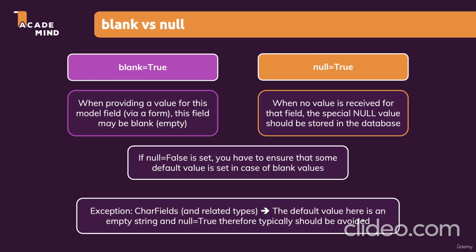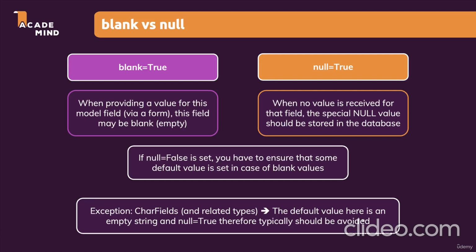Now, null equals true is related but not the same. If a field in a model does not receive any value, because blank is set to true and it therefore may be left empty, then the database, or Django, has to do something with that field when that data is written into the database.